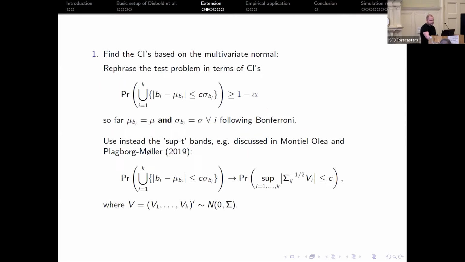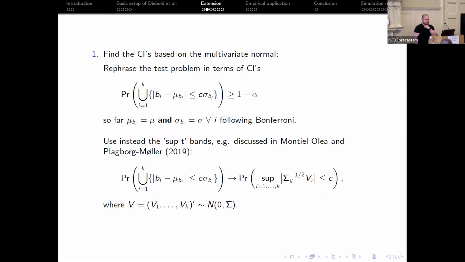Okay, so first, how can we exploit this multivariate normal? What we're going to do is use so-called sup-t bands, for example discussed in Montiel Olea and Plagborg-Møller. If you have a look at the first equation there, that is the test problem rephrased in terms of confidence intervals, right? That is a so-called one-parameter confidence band. What we do not know yet is this parameter c. That's what we would like to estimate somehow.